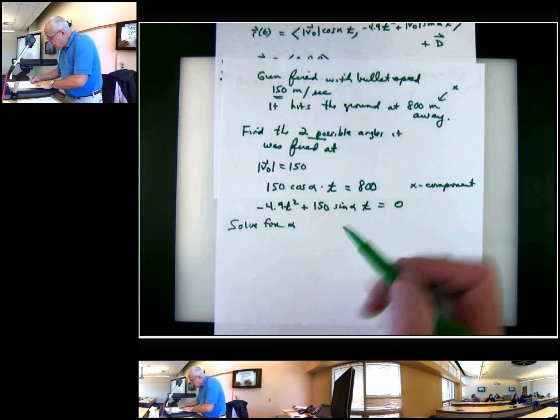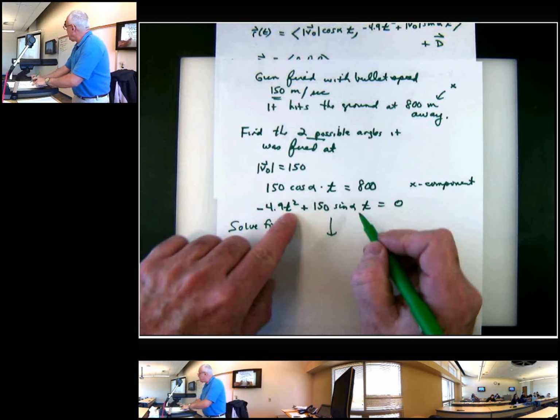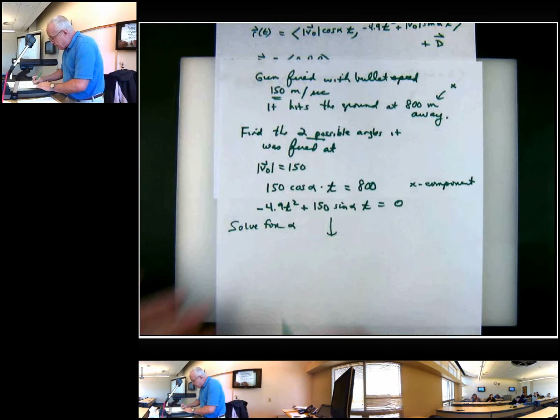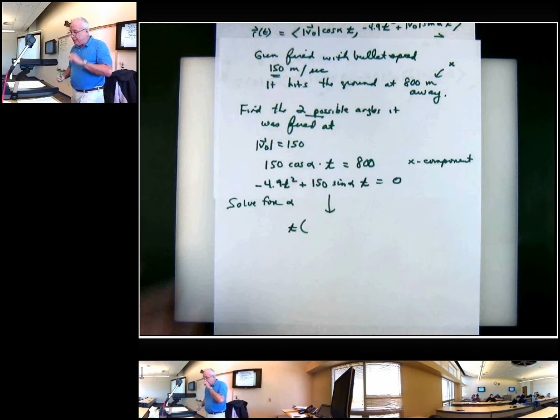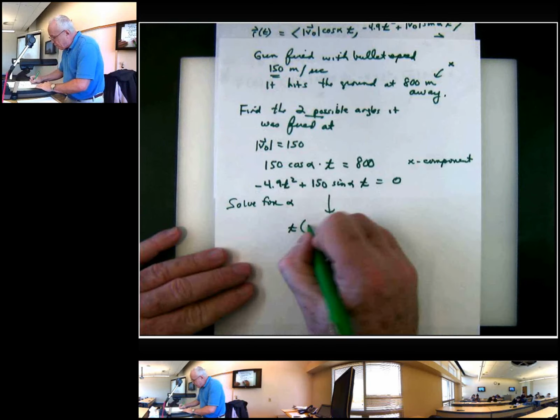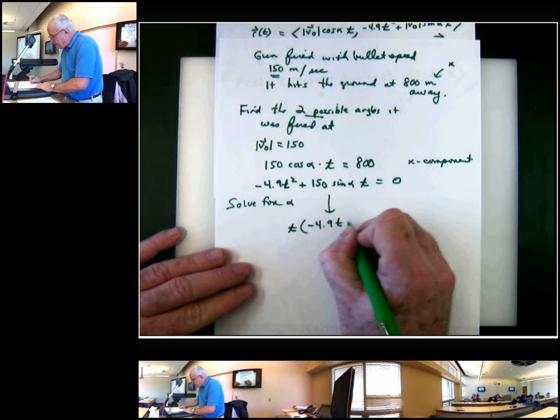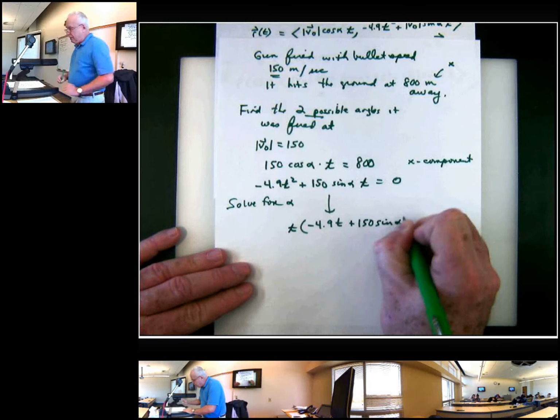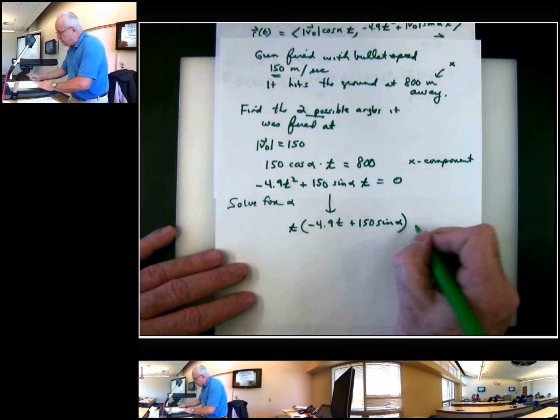Let's notice there's a t in both terms of this equation that equals 0. So let's factor out a t from the left-hand side, and we have t times, in parentheses, minus 4.9t plus 150 sine of alpha, and that's equal to 0.